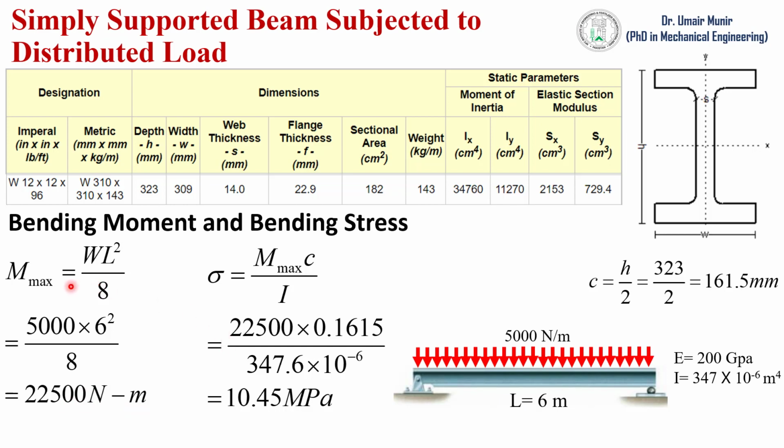With the help of this maximum bending moment, we can find out the bending stress, which is equal to 10.45 megapascal, which closely matches our Ansys result. In this equation, c is equal to h by 2, where h is the height of this W beam, and I is the moment of inertia, and it is given in this table.